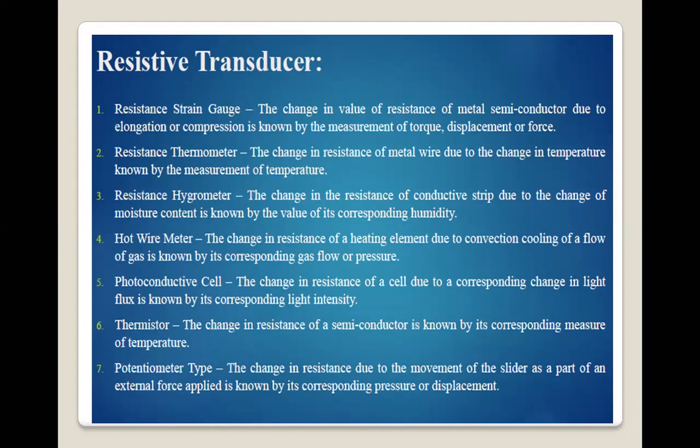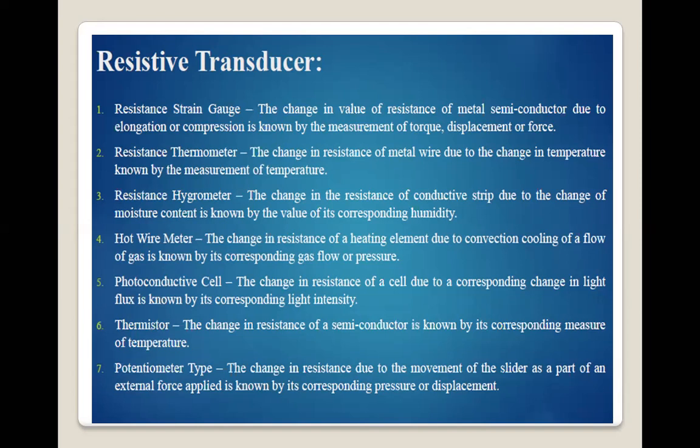Okay, the fourth one is the hot wire meter. That means the change in the resistance of a heating element due to convective cooling by the flow of gas, corresponding to the gas flow or pressure. So in the hot wire meter, there is a change in the resistance of the heating element.